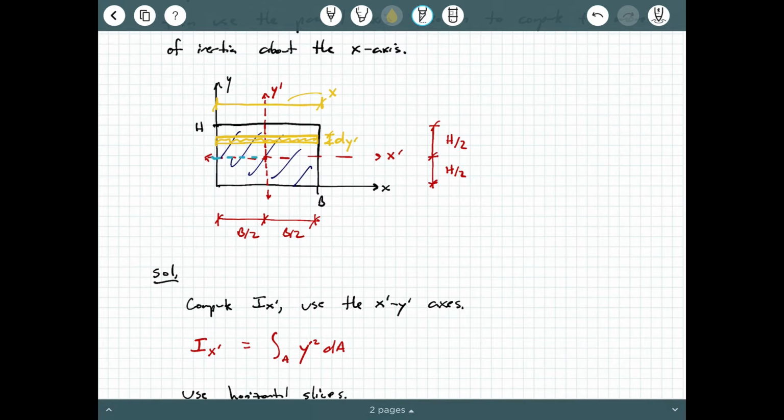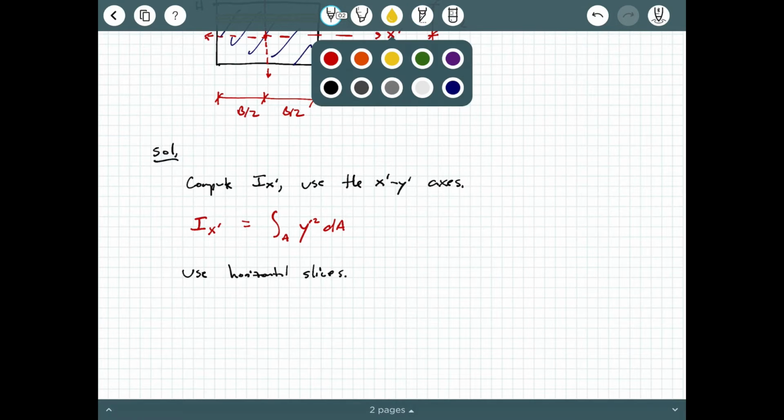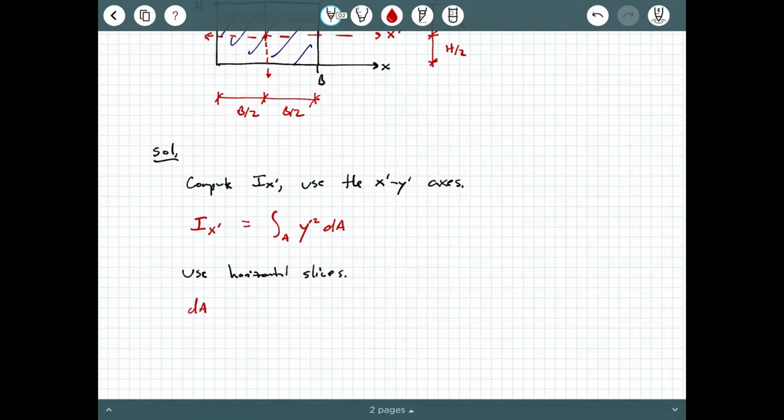So again, in relation to the x prime axis, we're really looking at negative b over 2 and positive b over 2. Right now, maybe almost like you're ignoring the black x and y axes. So here we go. We're going to say dA is, of course, x dy prime, sorry. And how do we piece this together?